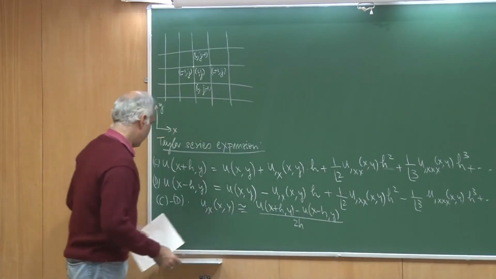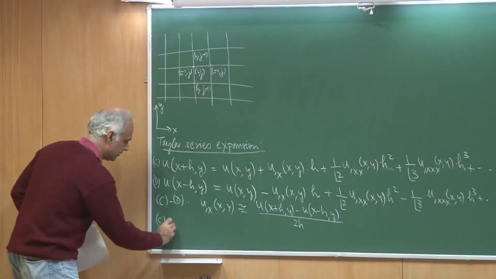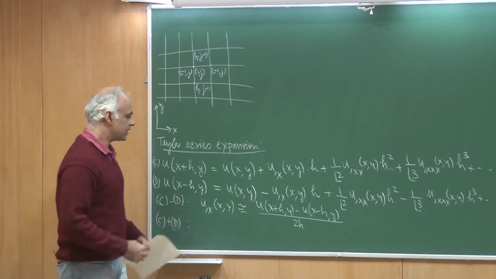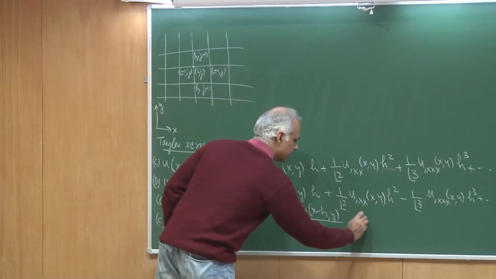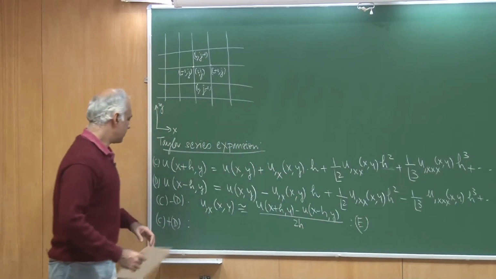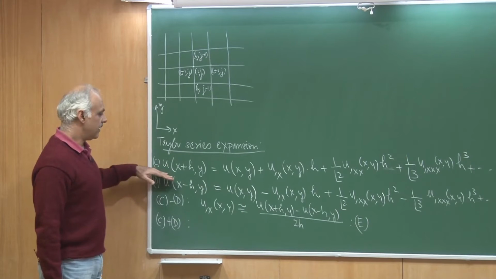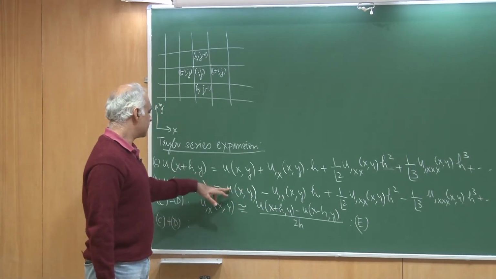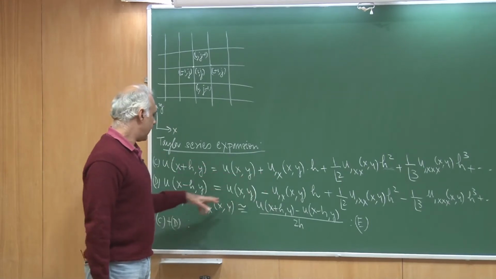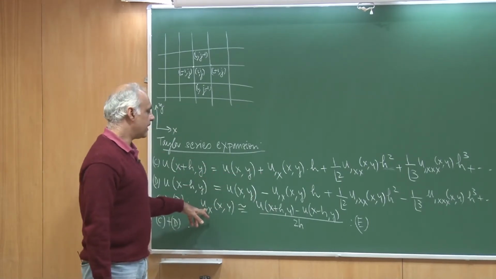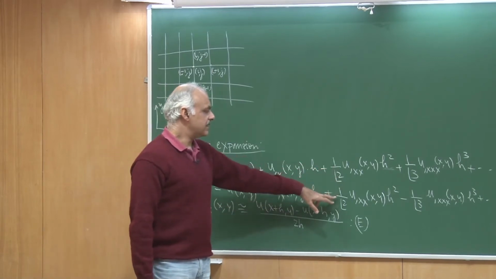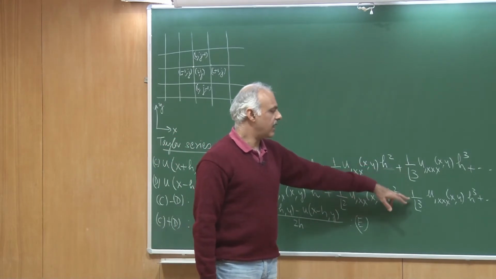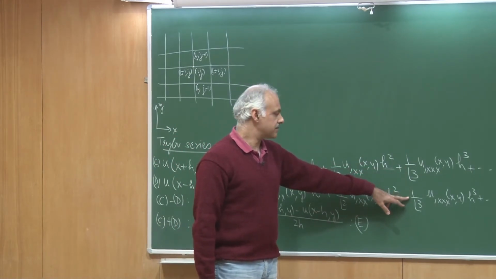okay. And if I do C plus D, so notice by deriving this equation, which let me call this as E, I have just subtracted D from C, these two terms cancel out. This is what I have on the left hand side, and again these terms cancel out, and I would have twice of these terms, the addition of these terms.